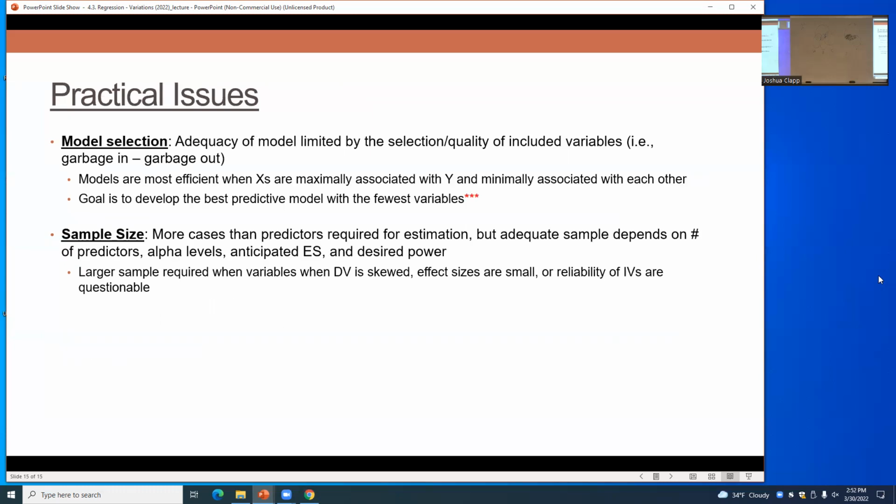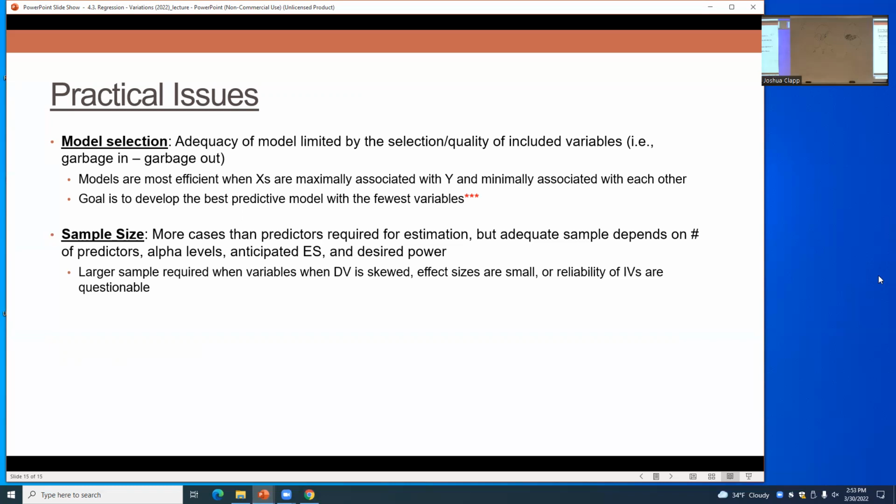All right. So I'm going to finish up with some practical issues, thinking about our model selection. Garbage in, garbage out. We need to be thinking carefully about what variables are going into our models. Our regression model is going to be most efficient if I've got X's that are maximally associated with our outcome and minimally associated with one another.